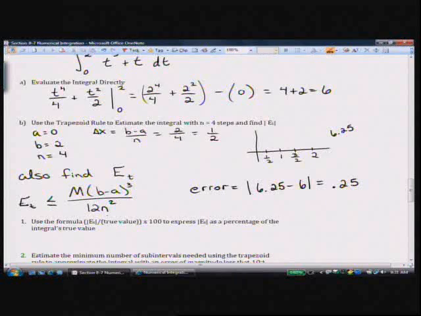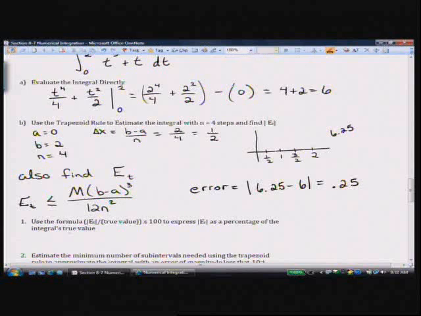All right, so let's come in here. And so we got it to be 0.25. And then it says, use the formula absolute value of E of t divided by the true value times 100 to express the error as a percentage of the integral's true value.